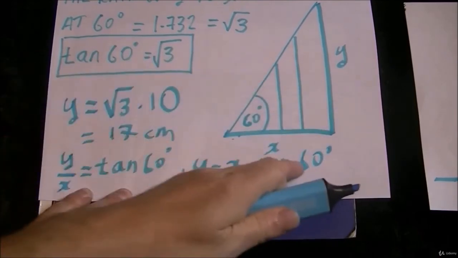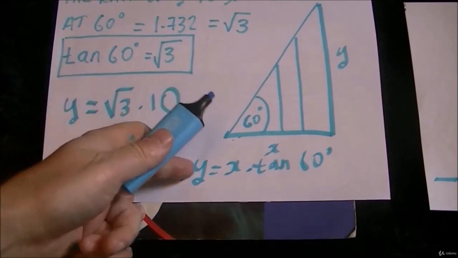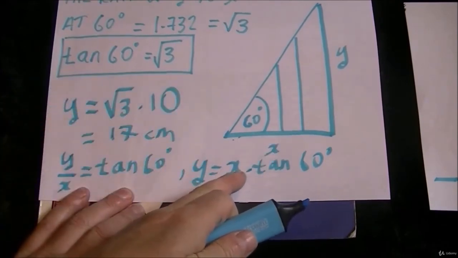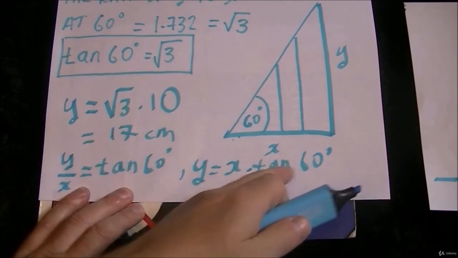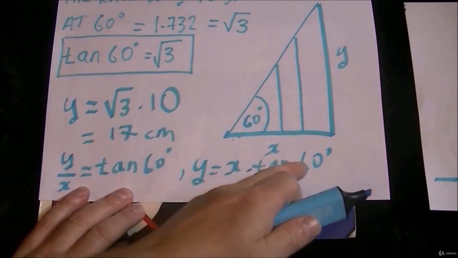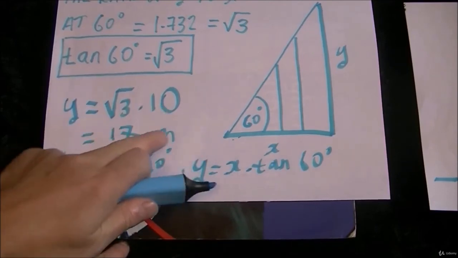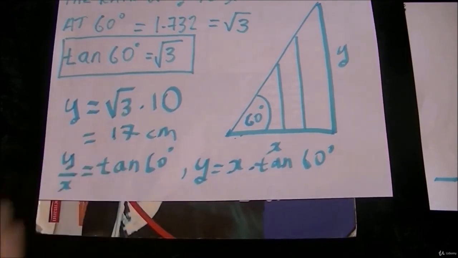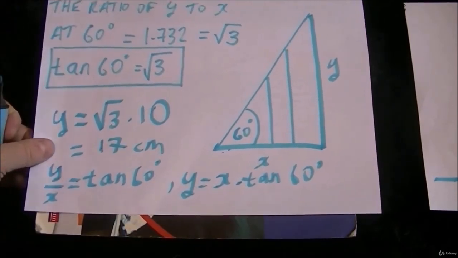Now we know the tan of 60 degrees is root 3, so y equals x, which in this instance is 10. Y equals 10 tan 60, and 10 tan 60 is 10 times root 3, which is equal to 17. So that's all we're doing whenever we're looking at the tangent of 60 degrees.